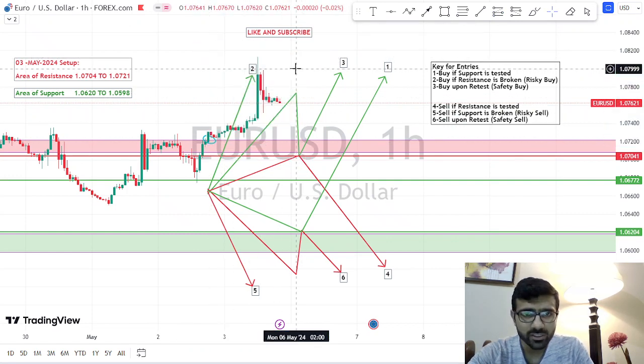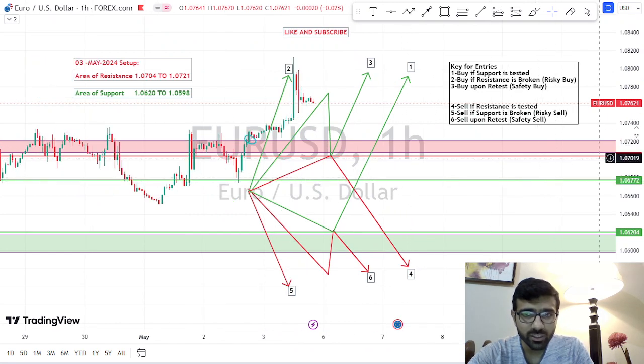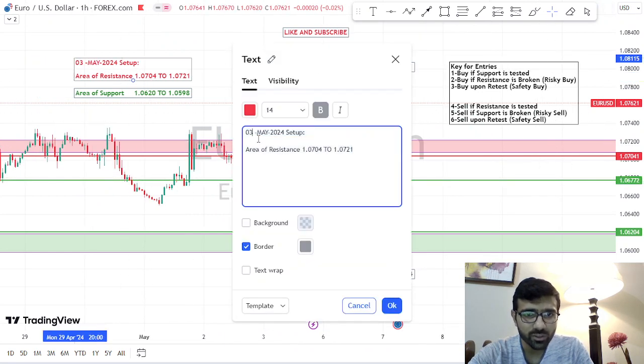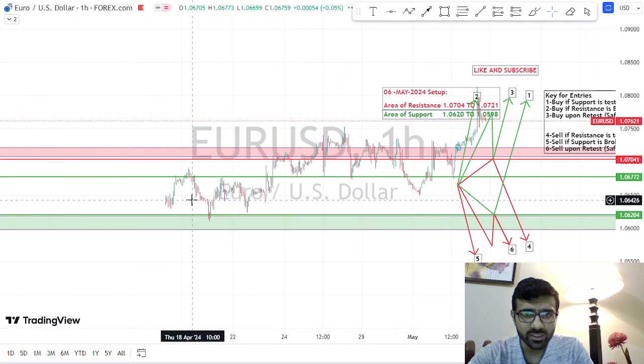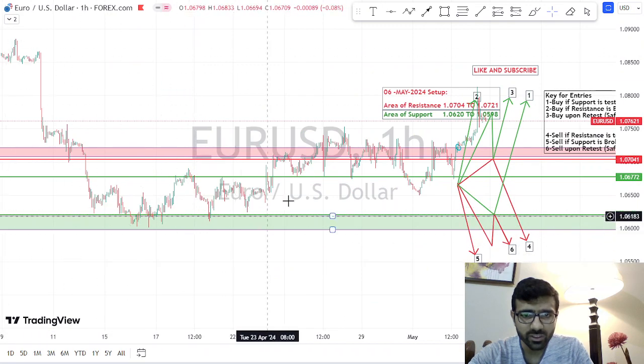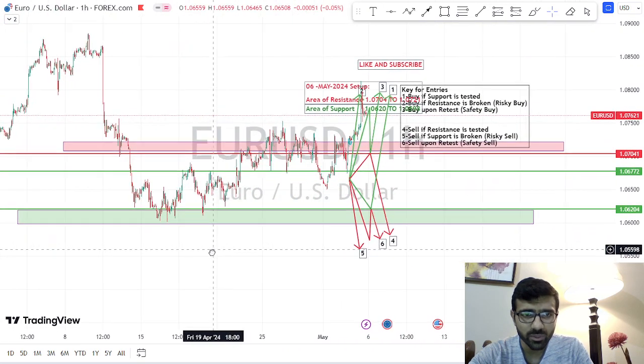And now let us mark the new areas of support and resistance for the 6th of May, which will be the Monday night. So as you guys can see that market has now turned towards bullish momentum.